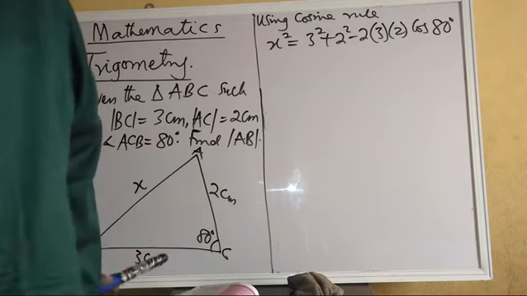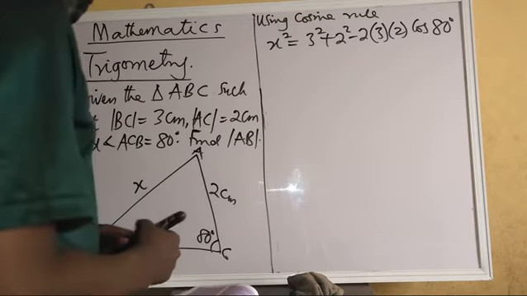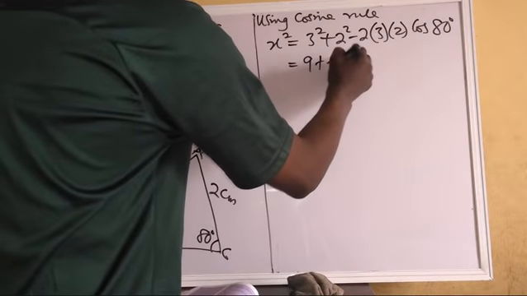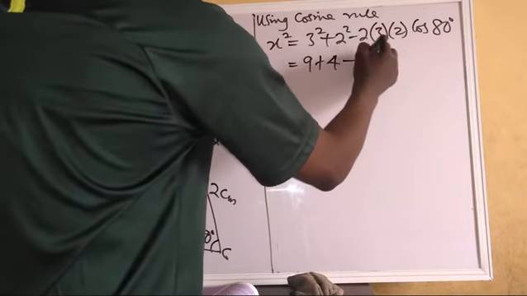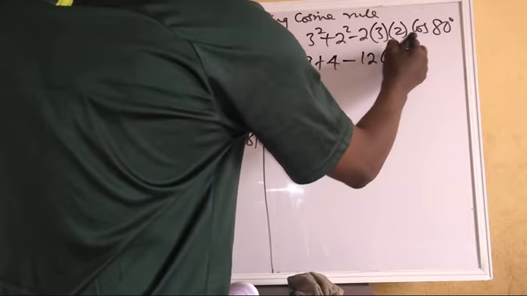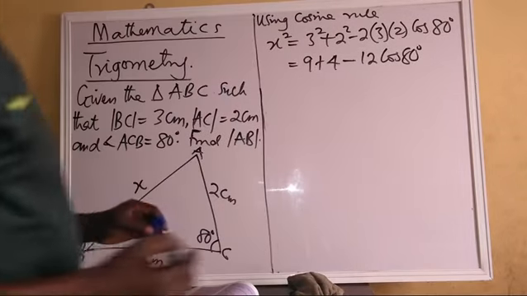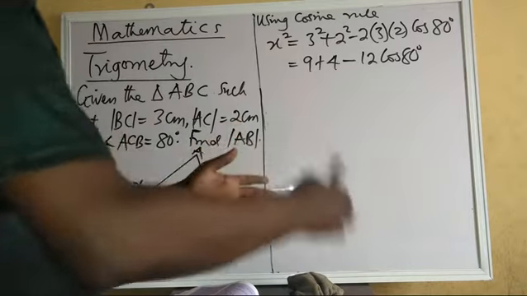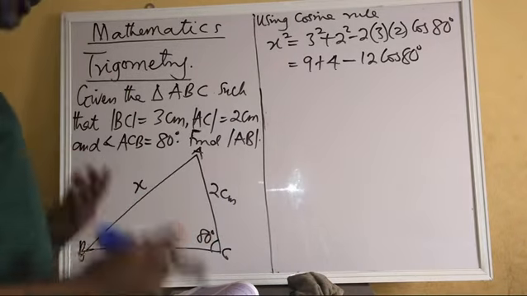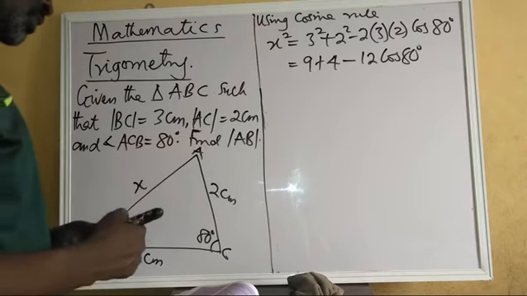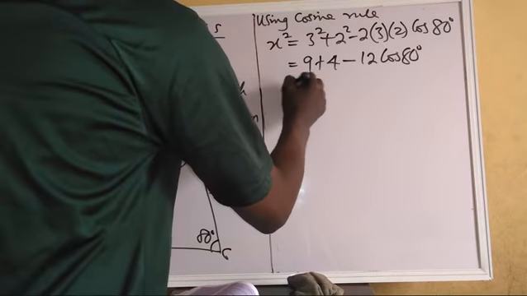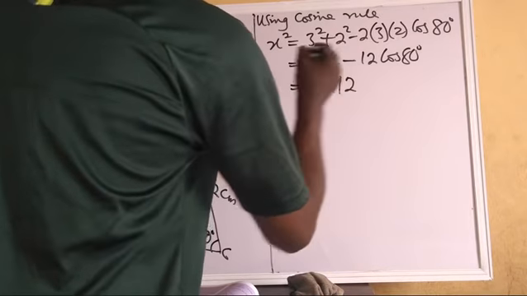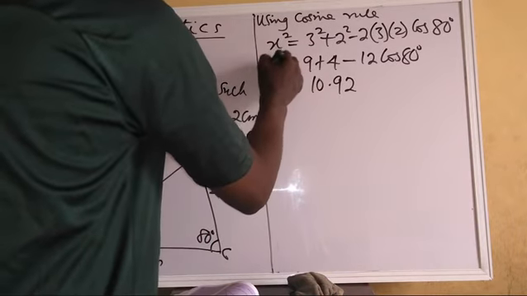By the time we do this, what we need to do is just to simplify. That is 9 plus 4 minus, when you multiply this, that will give you 12 cos 80 degrees. You know, in those days, we needed to use the log tables, but now you can press your calculator and get this out. So if you do this, it is going to give you 10.92 as our x squared.